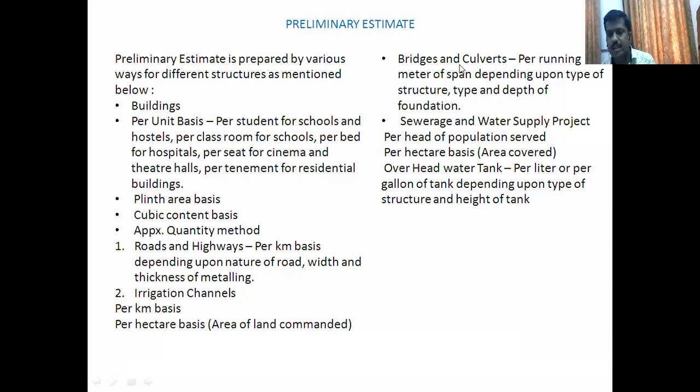No answer. Chalo, fastly. What is the meaning of this word? The roads are constructed per kilometer. That is okay, we know everything. Depending upon the nature of the road, again, it is in cutting or it is in filling. That is again okay. Width of the road we have to consider. Thickness of the metals we have to consider. Layer. One answer is there, but no, not layers. Chalo, fast.